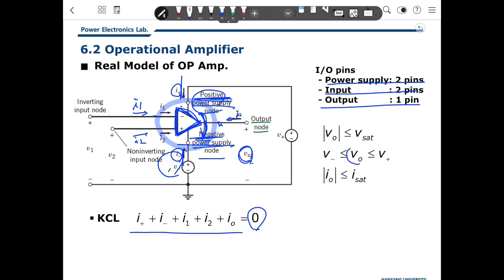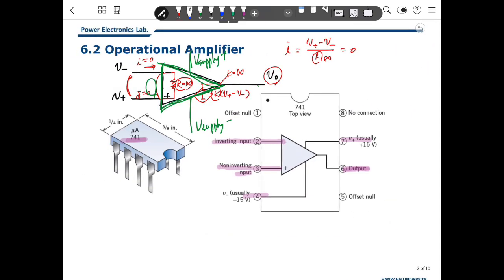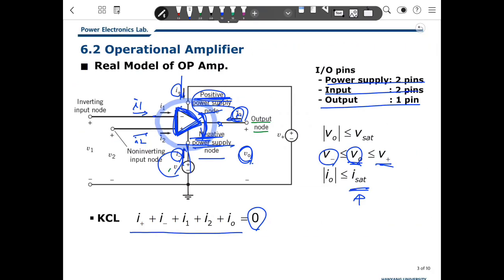So the output voltage VO is between the negative and positive power supply voltages. Also, the output current IO supplied by the op-amp is limited by the saturation current. This is a hardware specification. Every pin has its own ability to supply current, so it is limited by that.